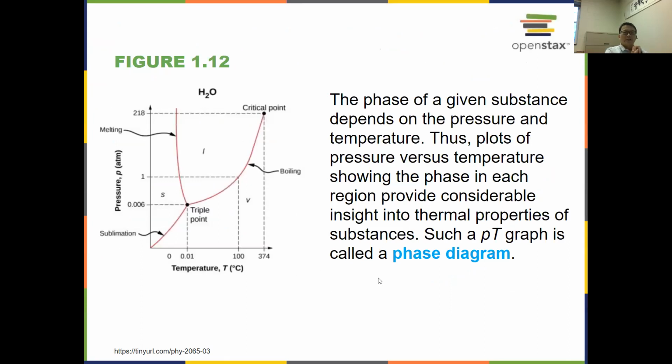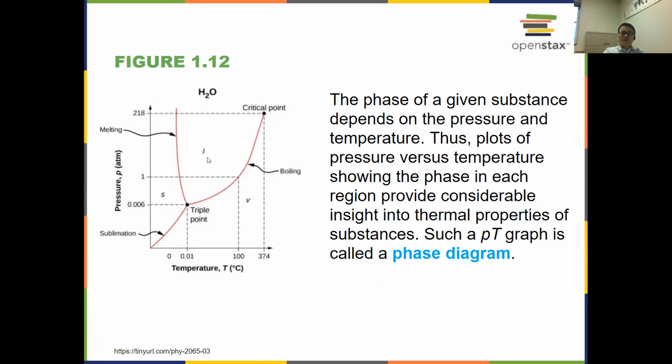Now, the plot of pressure versus temperature is called a phase diagram. So if you look at the phase diagram, for example, this is a phase diagram for water. So then you can see if you are in this region over here, then the H2O in this case will be in a solid state.